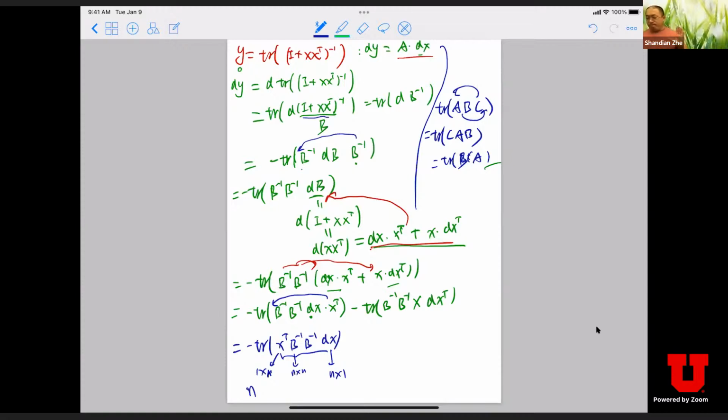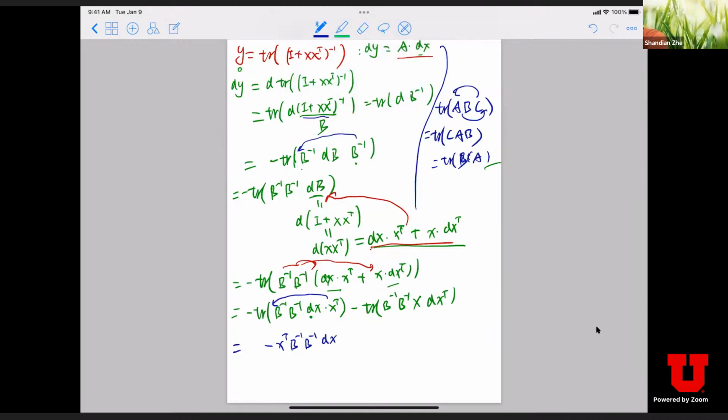So now, what's the size of x transpose B minus dx? It's a scalar, right? So if we're doing trace of a scalar, that means it's the scalar itself, because a scalar has only one diagonal element, that is itself. So you can just get rid of the trace. Don't forget we have a minus sign here.